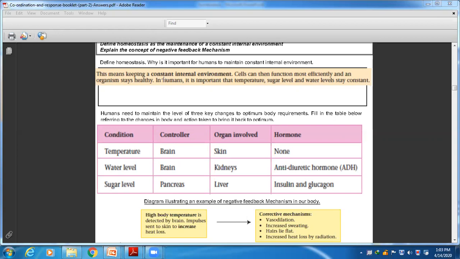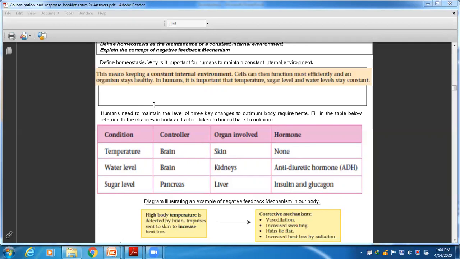For example, there is a special thermoreceptor in your skin. There is also a thermoreceptor in a part of your brain called the hypothalamus. That part of your brain will detect your temperature fluctuation and try to bring it back to the normal range by bringing certain changes in your body.